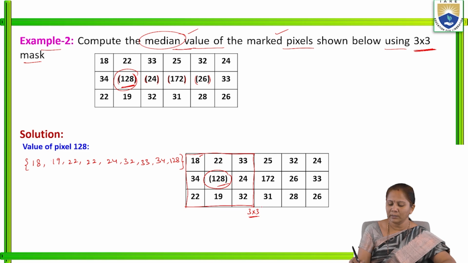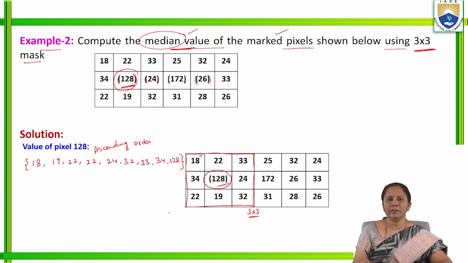So totally 9 pixel values are there: 1, 2, 3, 4, 5, 6, 7, 8, 9. All 9 pixels under this mask are arranged in ascending order. Now to apply the median filter, we have to select the median value.